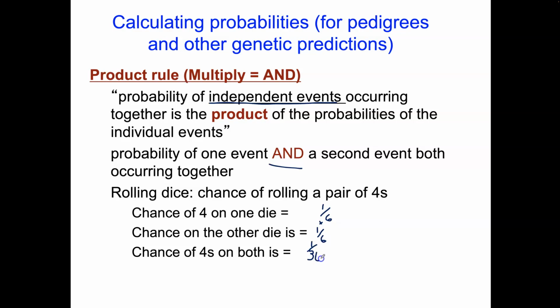So there's a 1 in 36 chance. Now you can convince yourself this is correct if you like by writing out every combination of rolling a pair of dice and seeing, you could get 2 1s, or the first one has a 1 and the second one has a 2, first one has a 1, the second one has a 3. You could write out every possible combination, and you'll find that there are 36 combinations, and that this is just one out of those 36 combinations.